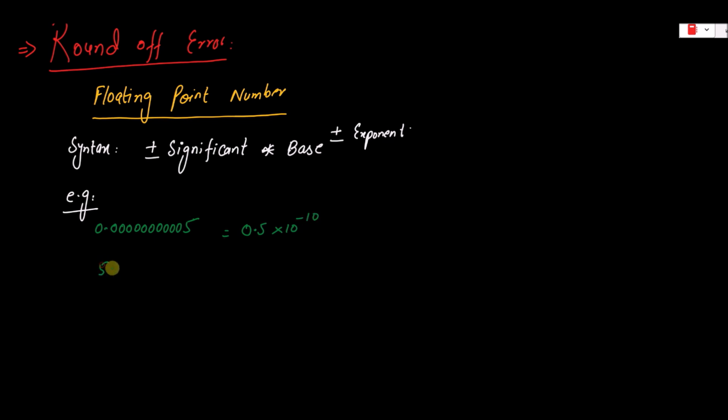Similarly, if we have a very big number, 1, 2, 3, 4, 5, 6, 7, 8, 9, 10, then we write it like this: 5 multiplied by 10 raised to the power 10. Now this is the significant, this is the multiplication, this 10 is the base, and this 10 is the exponent part.